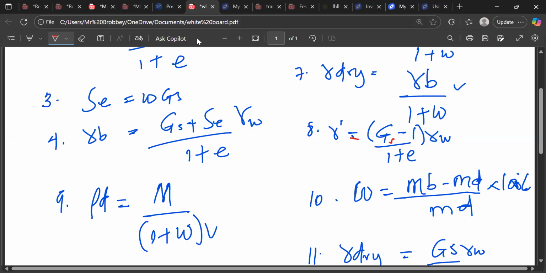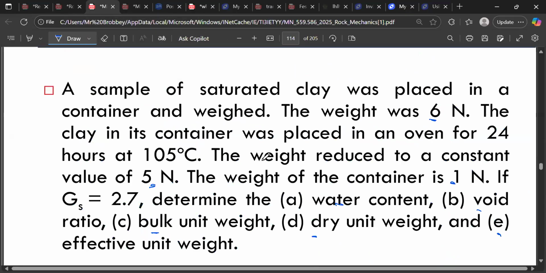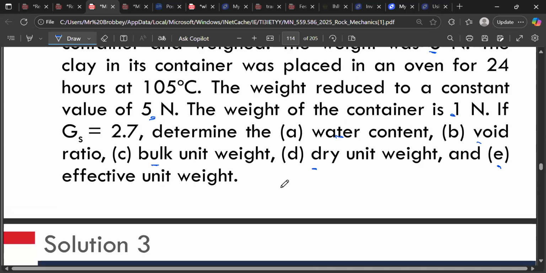Okay, now let's move on and see how we can play with it. Now, you want to find the water content, but a bit tricky. You don't just start because it's going to just trick you. Now, you want to find the actual weight of the soil that you want to use, right?